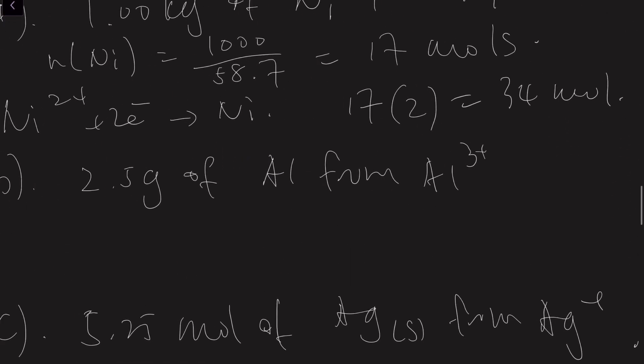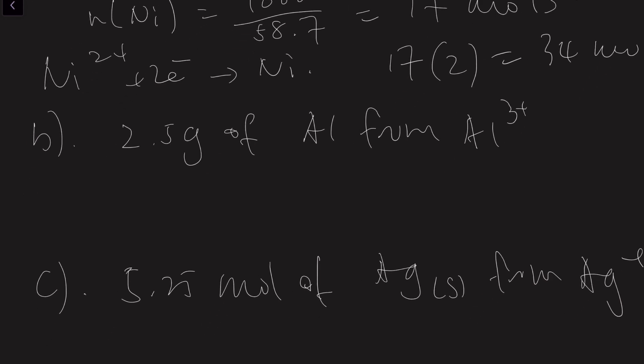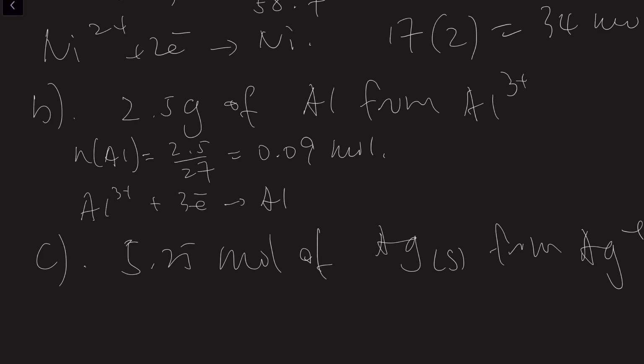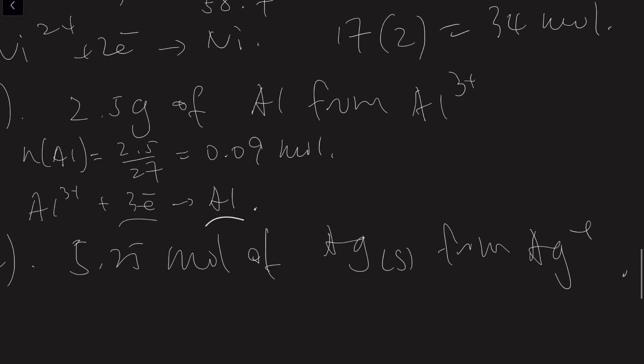Next question, 2.5 grams of aluminium from aluminium ion. The number of moles is 2.5 divided by 27, 0.09 mole. If you look at the reduction half equation, you require 3 moles of electrons to produce 1 mole. So in one sense, you can argue that aluminium is more expensive than electrons. That's how I think about this, although it's not entirely accurate.